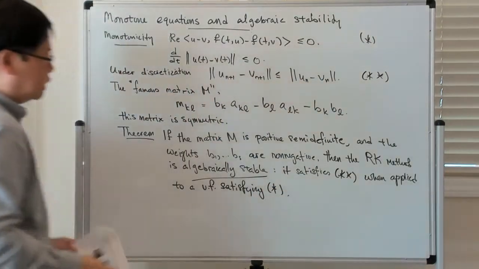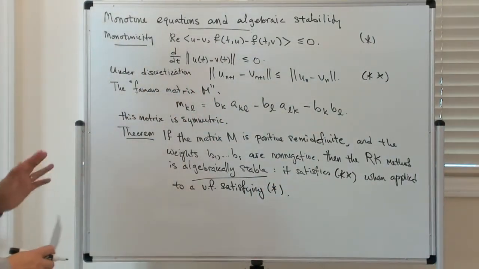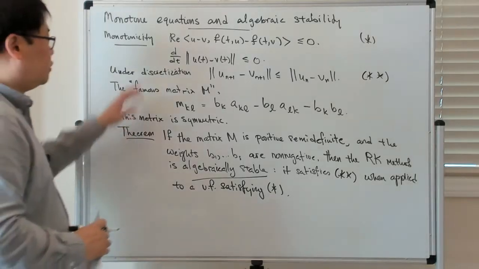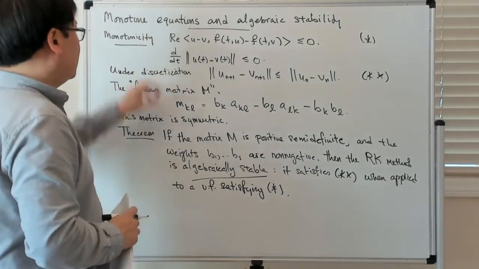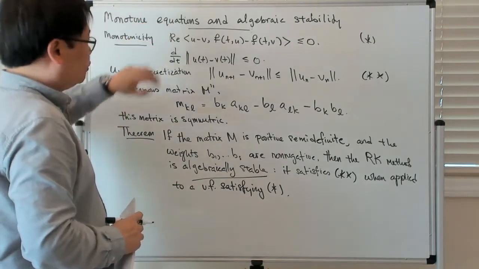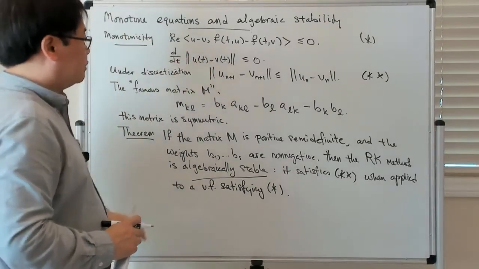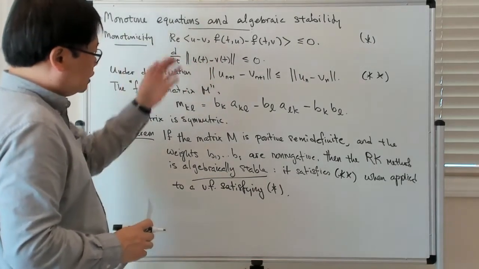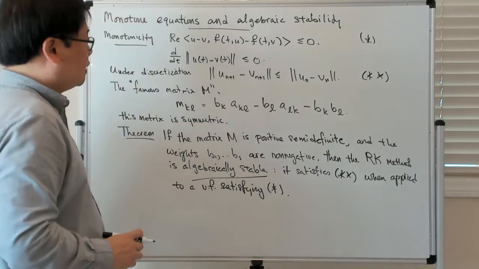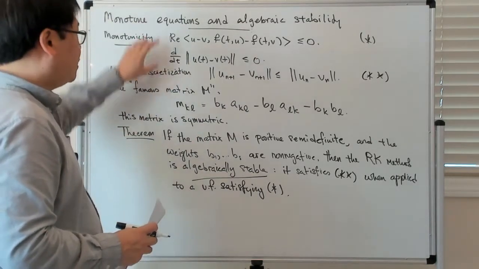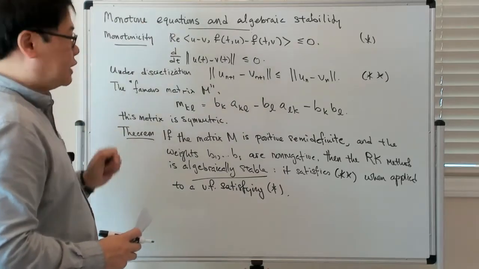Right, so that's again quite a reasonable kind of thing to aim for, right? As we saw before, if you have a differential equation satisfying this monotonicity condition, then the norm of the difference between two solutions is going to decay, or at least not increase over time. So you'd like a numerical method to have that same kind of property when applied to a vector field satisfying this condition.